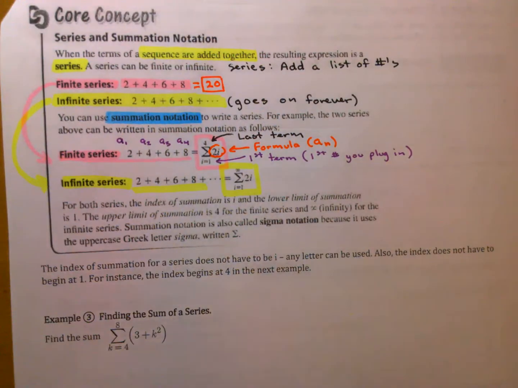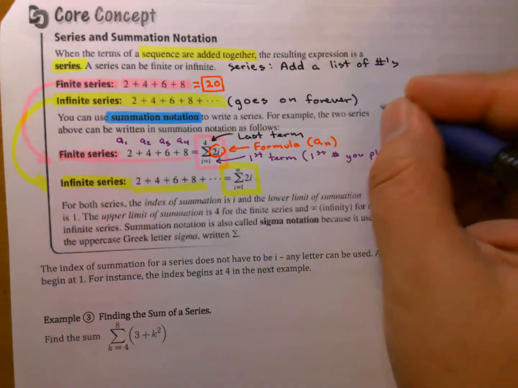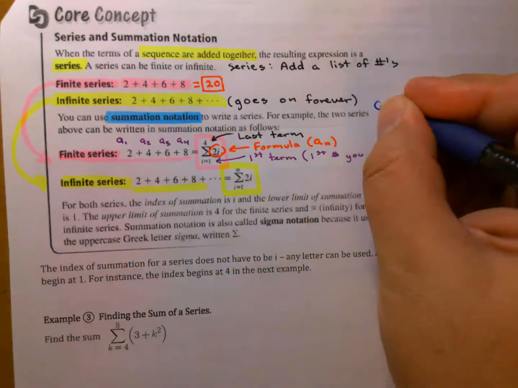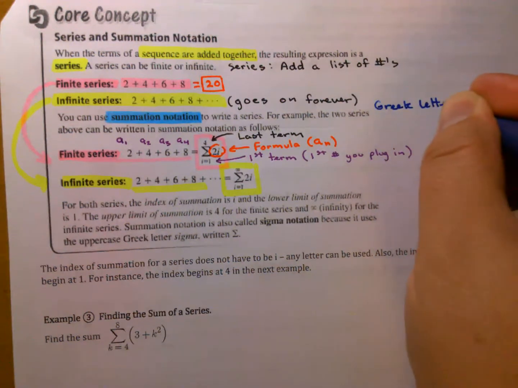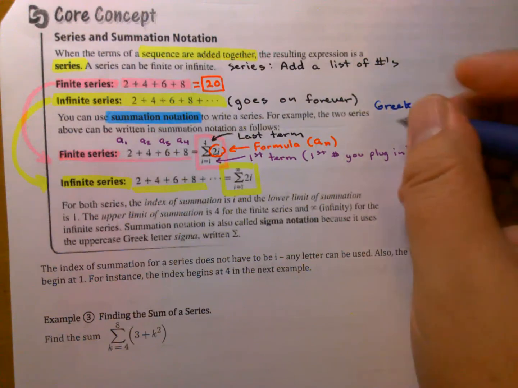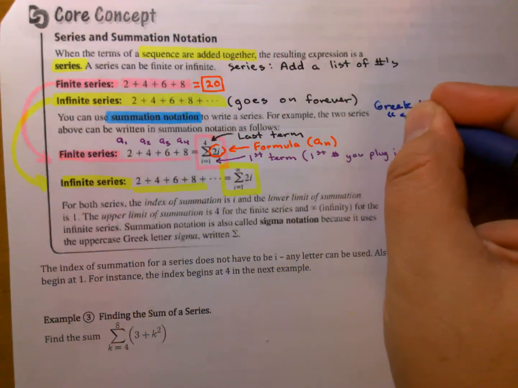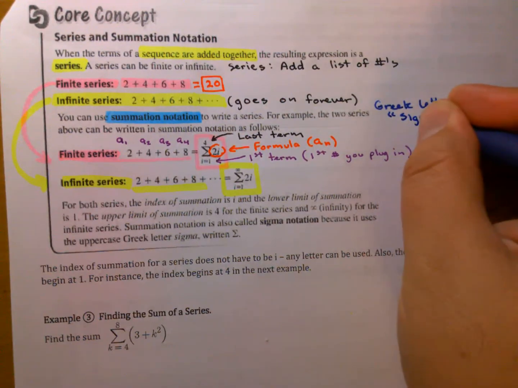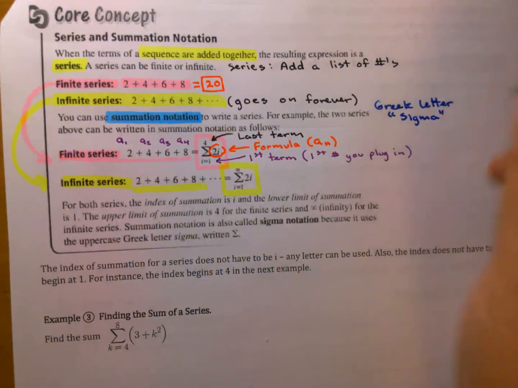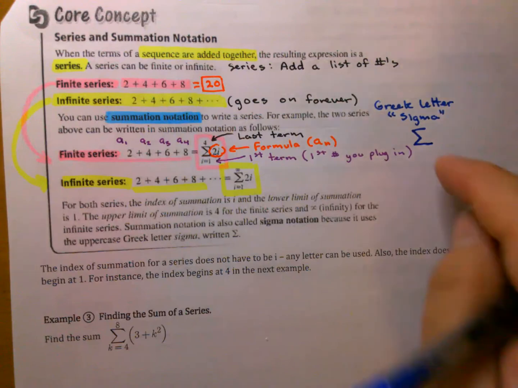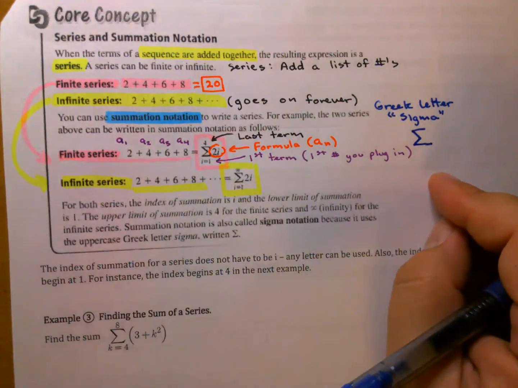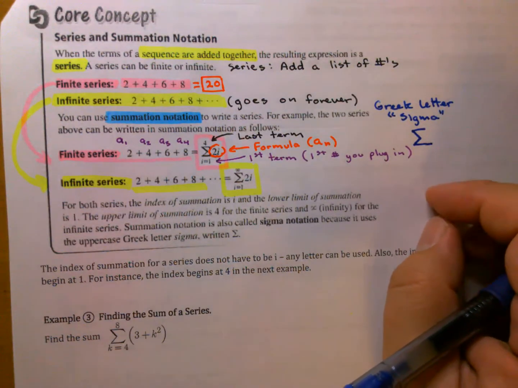Now, they do use a very special symbol here. We use a lot of Greek letters in higher levels of math, and the Greek letter that's being used as our summation notation is called sigma. A sigma notation is kind of a weird looking E, right? But that's the symbol. As soon as you see it, we know, boom, this is a series.